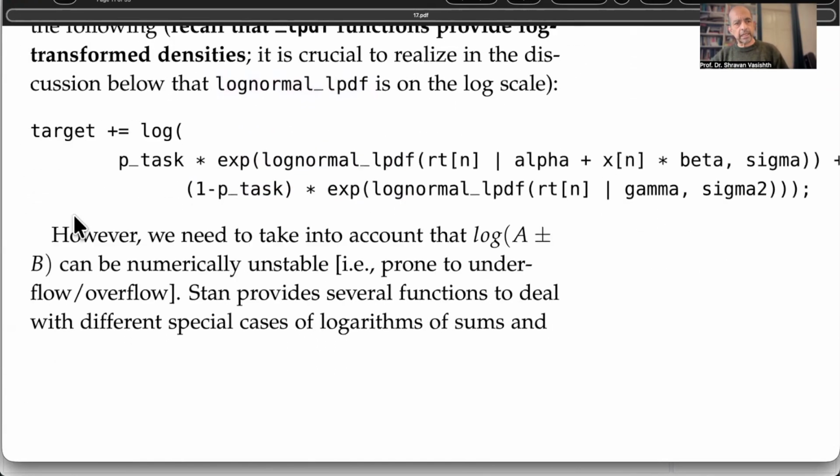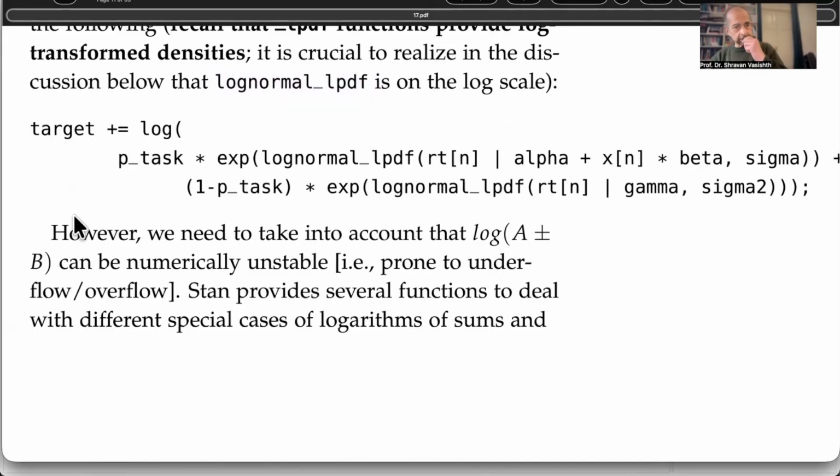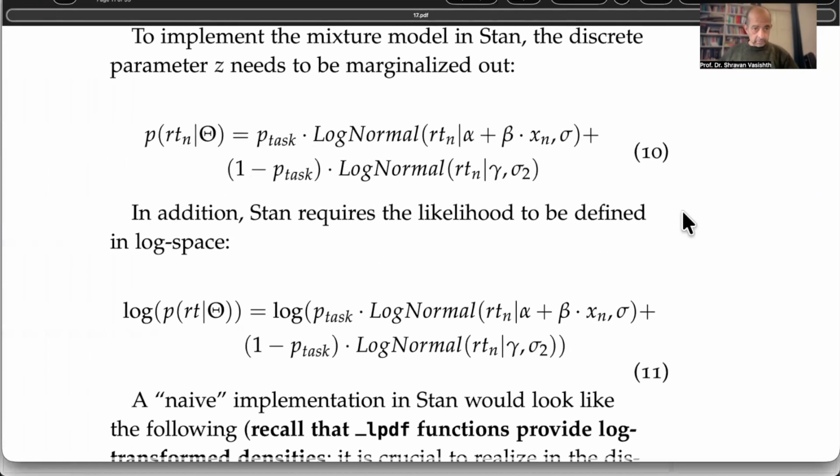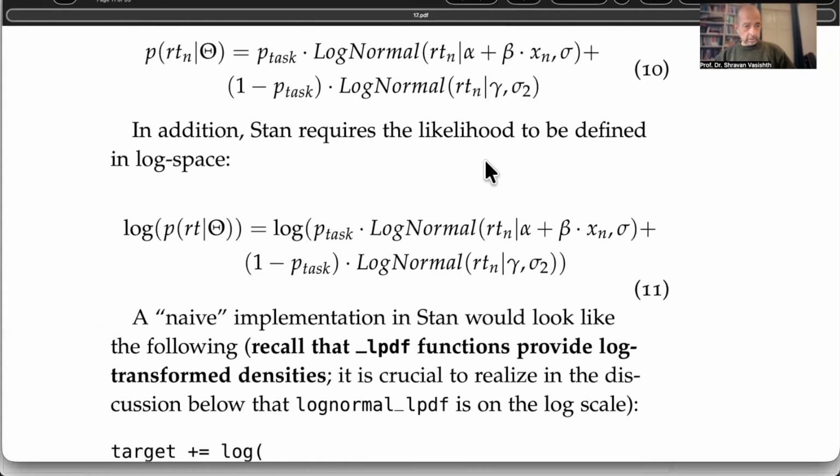So you might want to write a naive version of the model. In the model we would write here that we're going to take the log of the sum of two terms, these two terms.